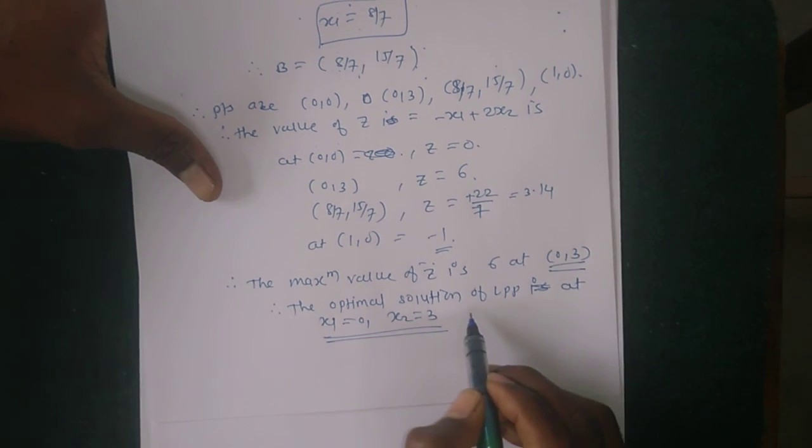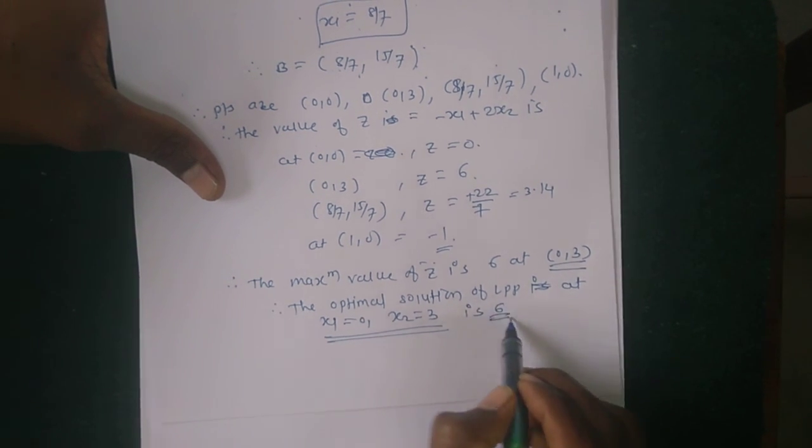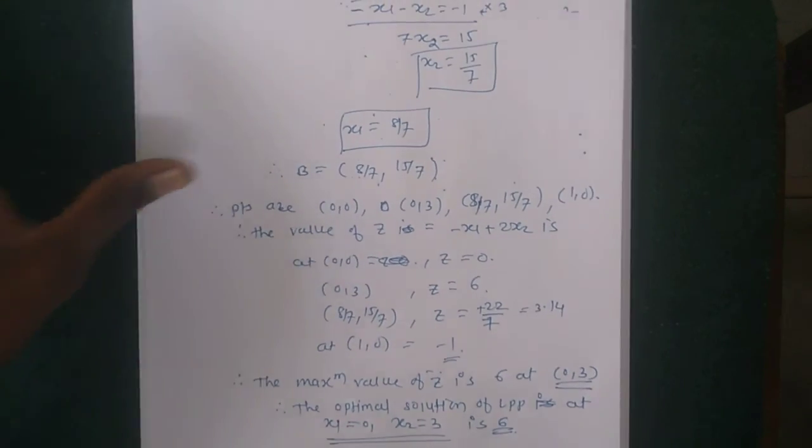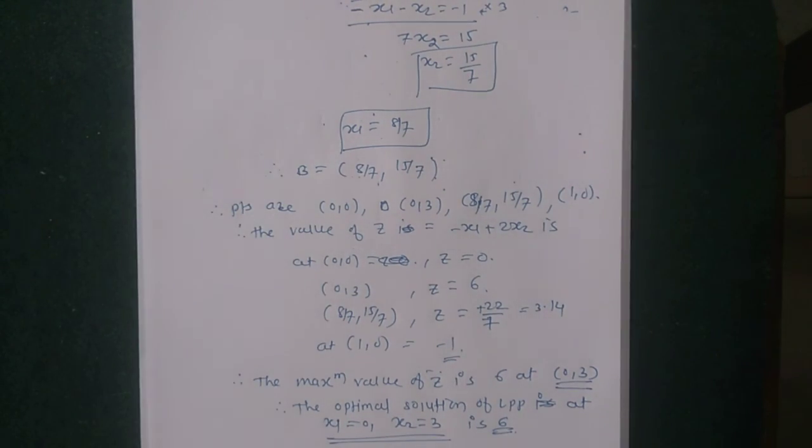This is our solution. We only need to find the points, plot a graph, and check the region of the given constraints. Check the region, find all the points, and we get the maximum or minimum value.